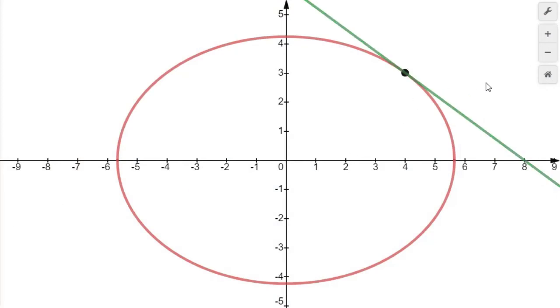You see this is our tangent point at 4, 3, and this line, which I typed in as negative 3 over 4x plus 6, is in green, and that does look like being tangent to this ellipse at the point 4, 3.